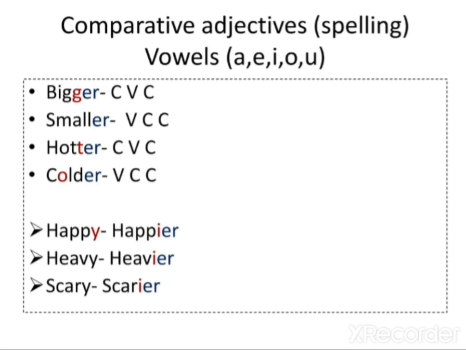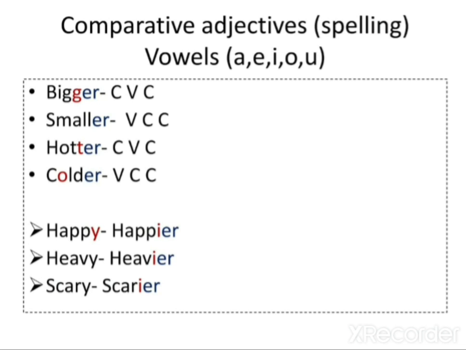So what happens when you are spelling, when you are using an adjective and you are making it a comparative adjective by adding er, you need to look at the word and you need to figure out the last three parts of the adjective. So in this case, big.